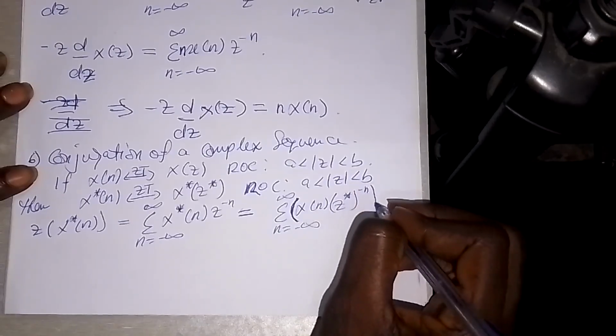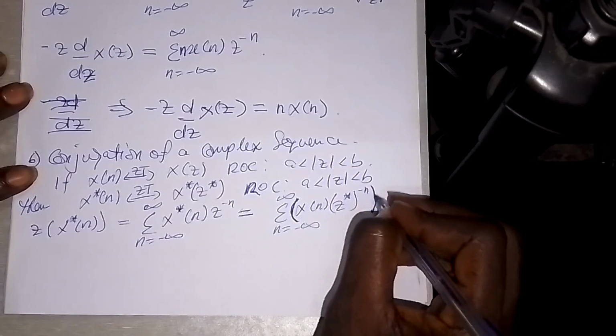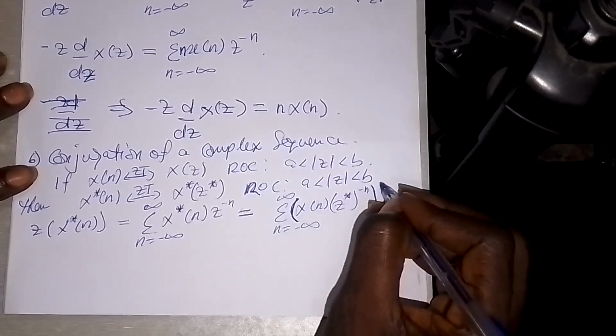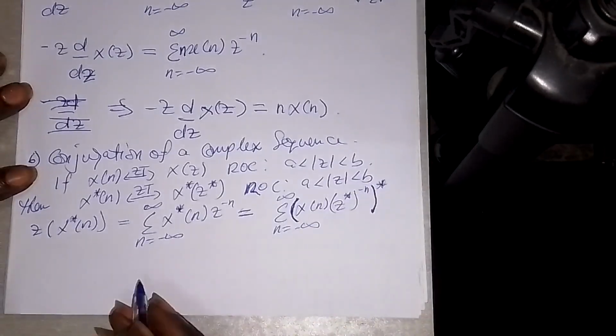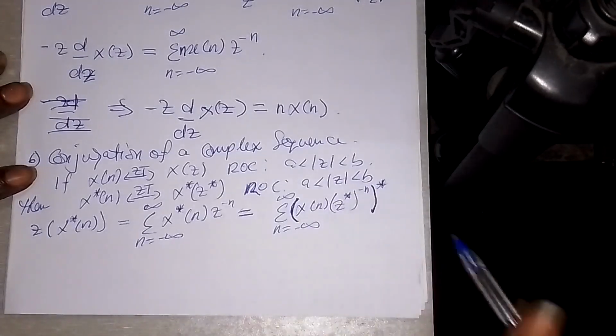In that case, the complex conjugate on this x will come outside. Now if I have this, you see that it is proving.